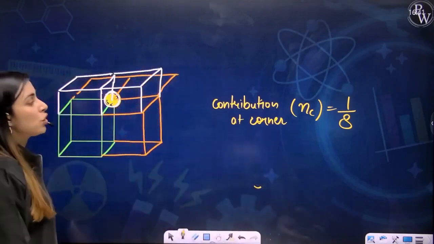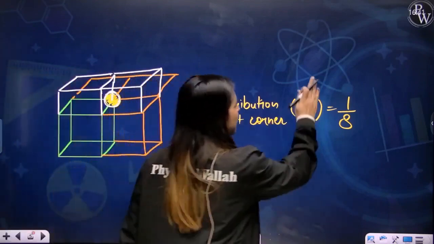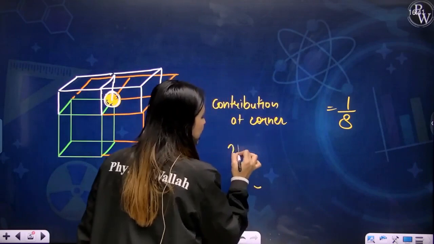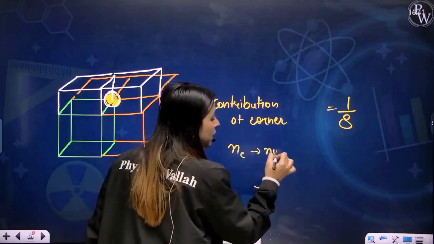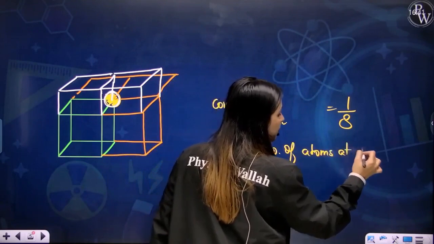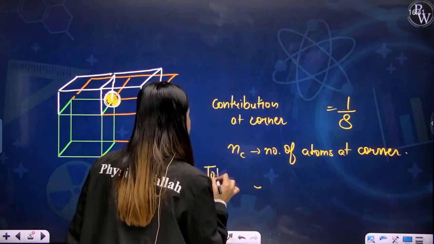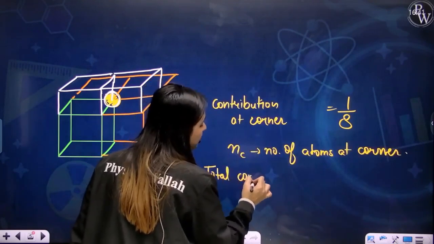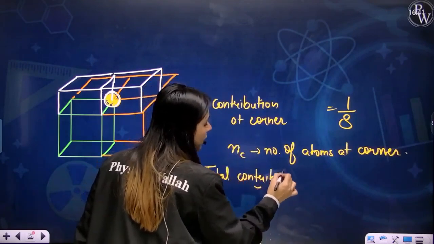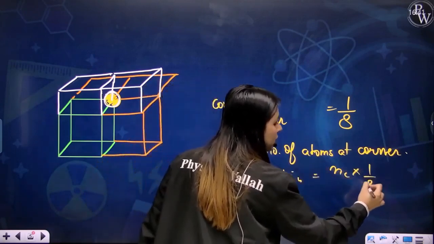So the contribution for corner is 1/8. Let us say NC is the number of atoms at corner. So the total contribution would be number of atoms into 1/8, right?